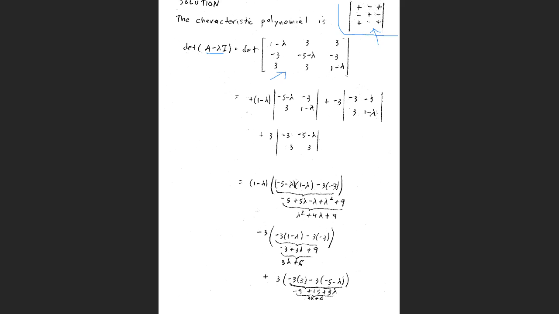And the identity, if you have lambda times I, let me use my stencil. So this is an aside here. Lambda times I would just equal lambda 0 0, 0 lambda 0, and 0 0 lambda.